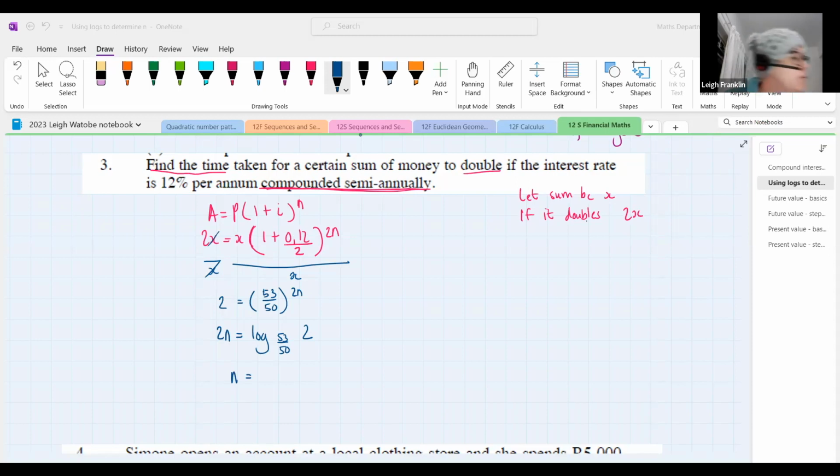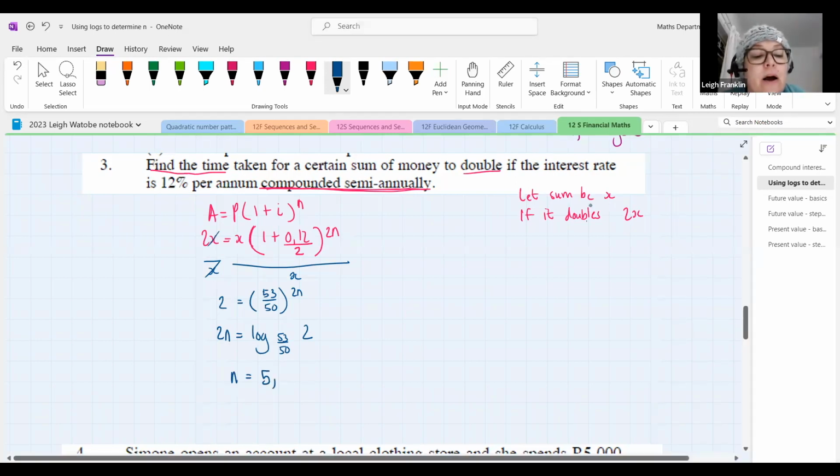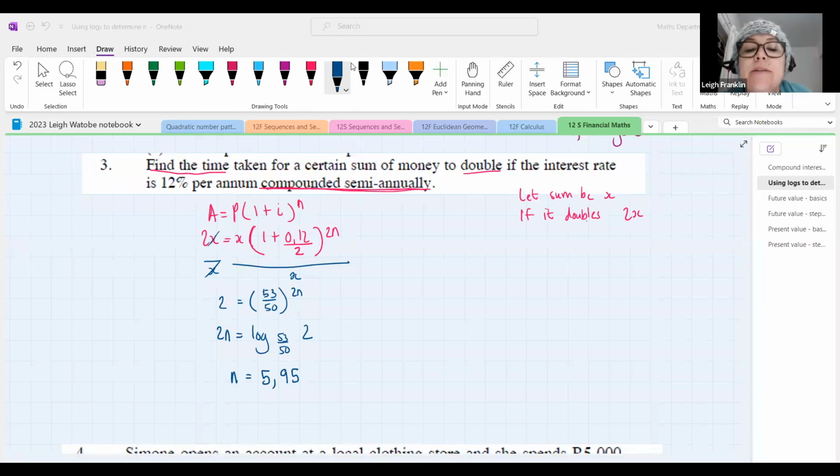I agree. Good. Okay, so we're getting 5,95. Well done, everybody. Good. Okay, Secatelo, don't forget you got to divide by 2. Okay, because you've now got 2n. So after you've calculated log base 53 over 50 of 2, you've got to divide by 2.